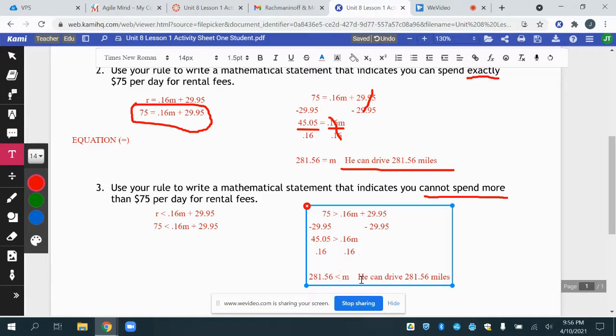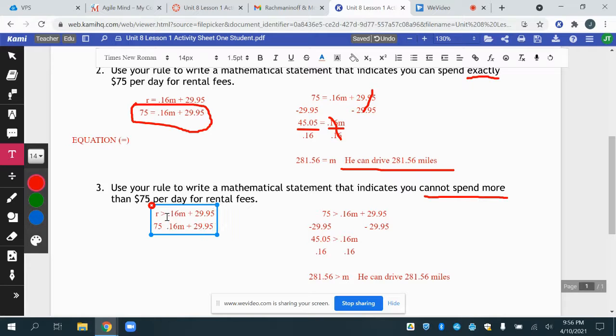Remember, when you're typing in inequalities, it points at the smaller number. So notice the amount I spend, the $75, is a bigger number than what I'm going to spend. I want the number of miles that I drive to be less than 75.